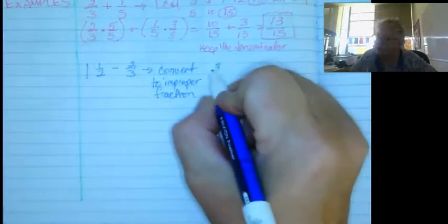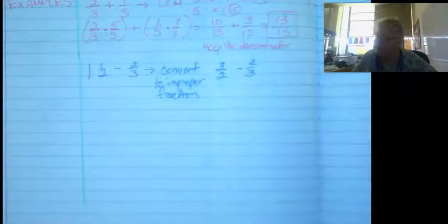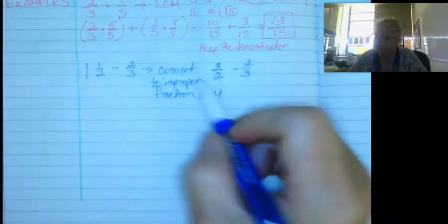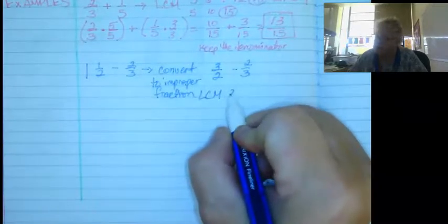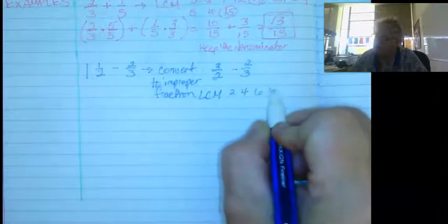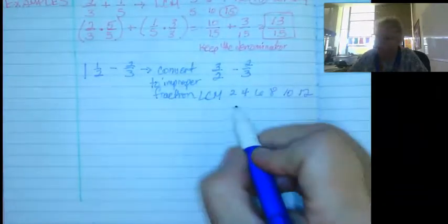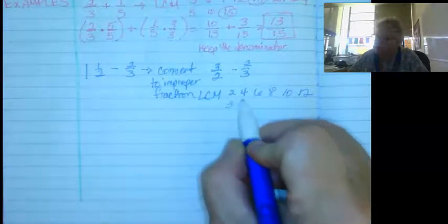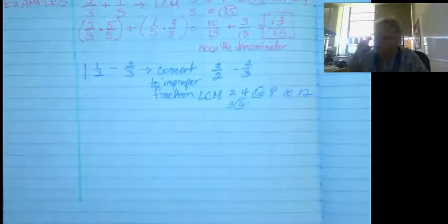So that's 3/2 minus 2/3. Now we got to find the LCM. 2, 4, 6, 8, 10, 12, and so on. And then we've got 3, 6. Oh, look, 6. That didn't take long. So 6.